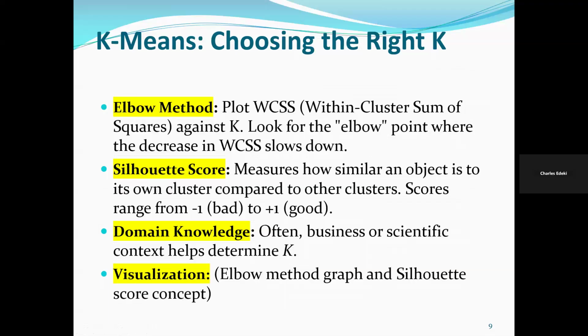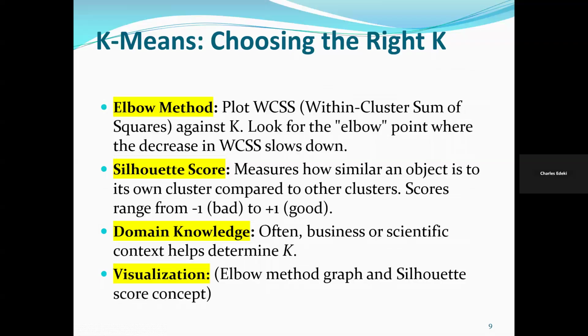Then we have another method called the silhouette score. For each data point, we calculate the silhouette coefficient, which measures how similar it is to its own cluster compared to other clusters. This score ranges from -1 to +1. -1 means bad clustering, and +1 means perfect clustering.